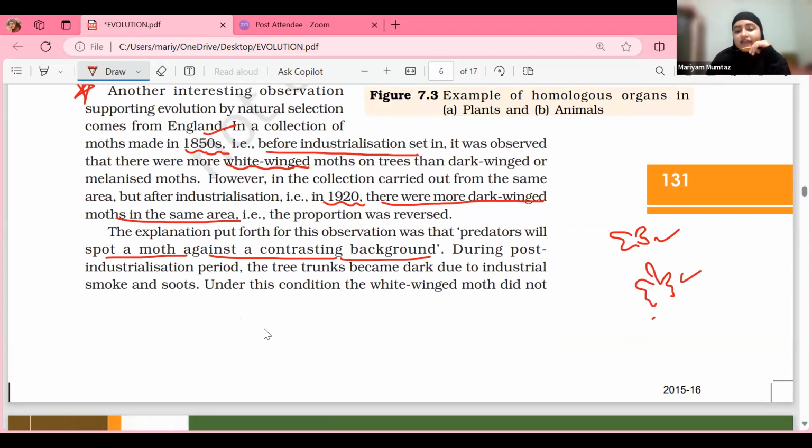After the industrialization took place, because of the soot and smoke coming out from the industries, the trees started darkening in color. So the white moths which were present earlier, when they sat on the tree, were easily visible.